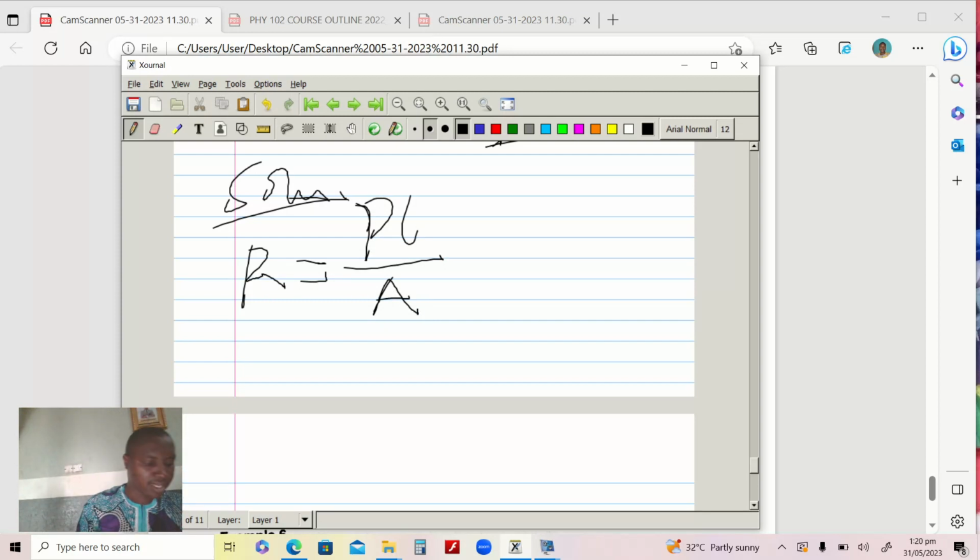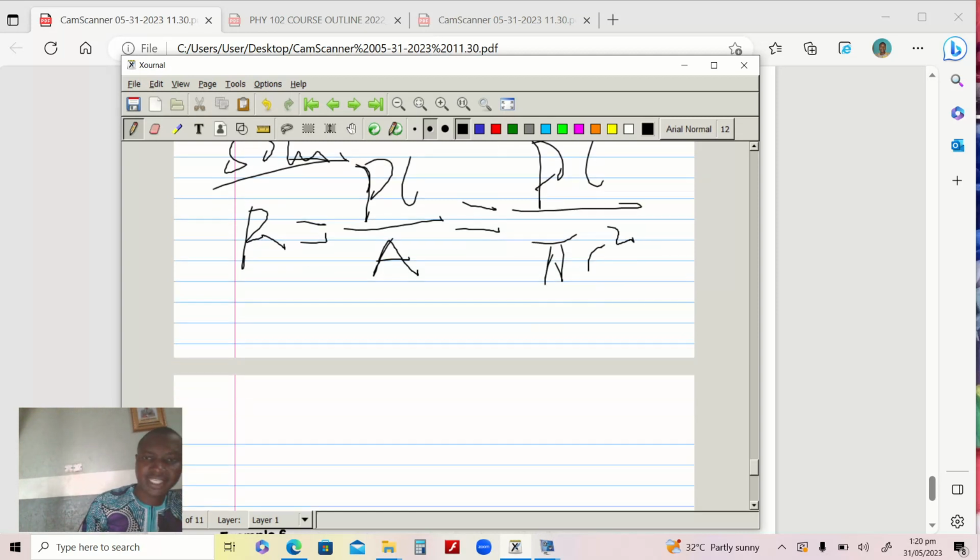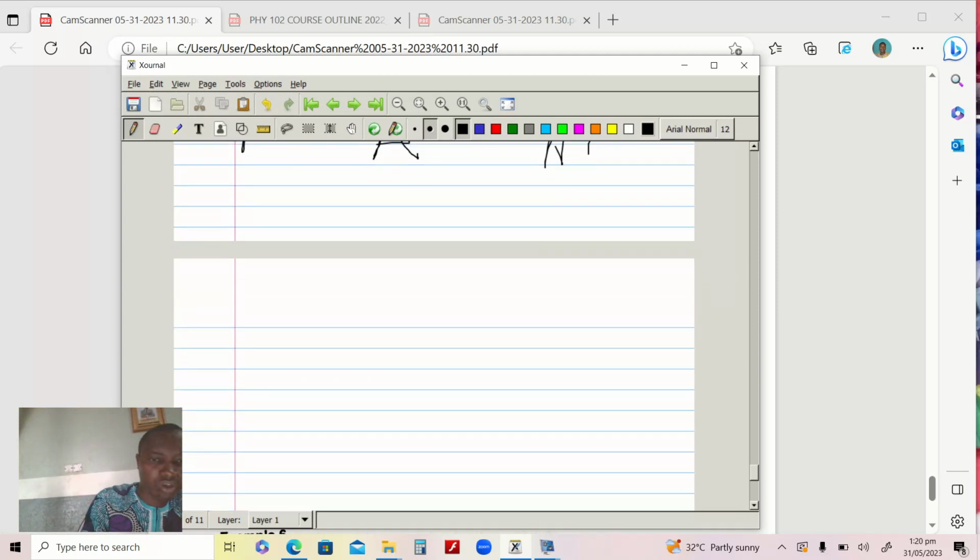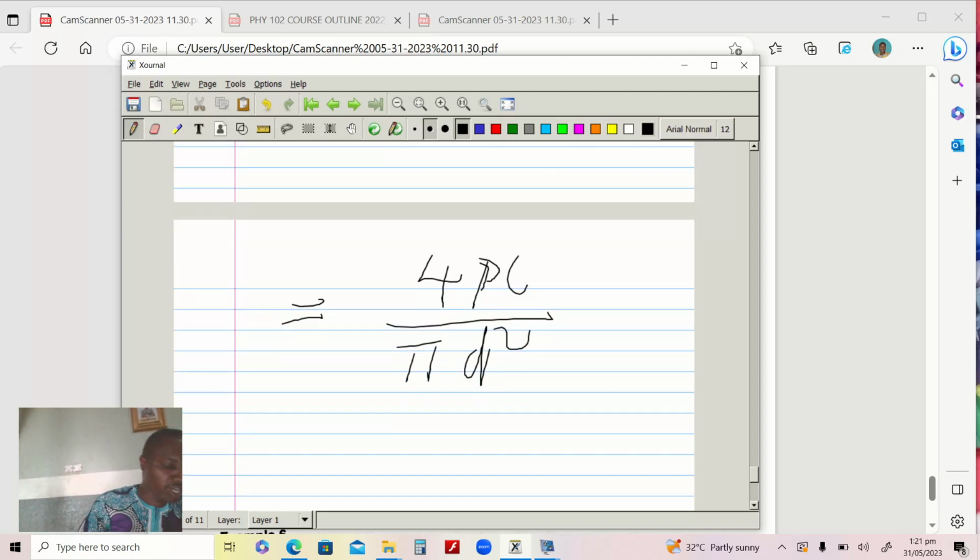And when we are dealing with a wire, the area is pi r squared, so R equals rho L divided by pi r squared, which is also equal to 4 rho L divided by pi d squared. So don't forget all those ones.